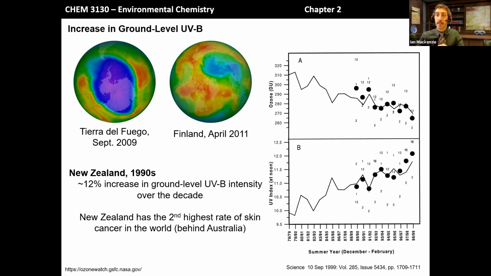And this is directly linked to the increase in UVB light that results from ozone depletion. So those are both extremely relevant examples of where this plays a big part in the lives of everyday people.